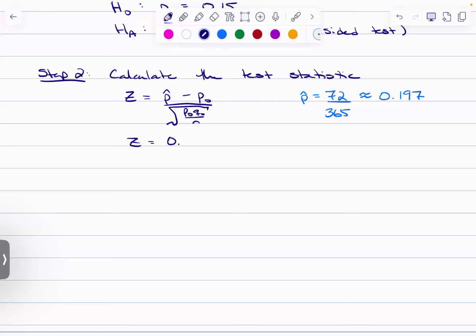And this might be just insane, but we'll see. How far is it from 0.15, taking into account the spread, which is going to be P naught Q naught? Now P naught is 0.15, which means Q naught is 1 minus 0.15, divided by N, which is 365.